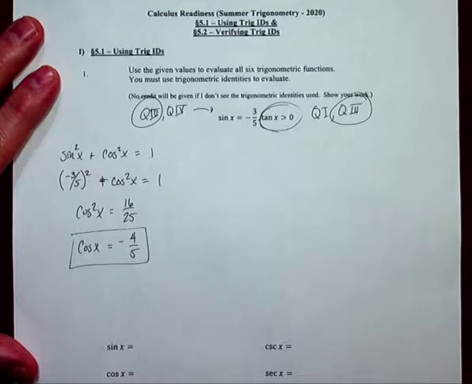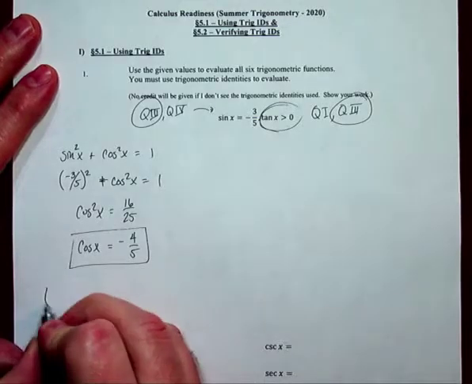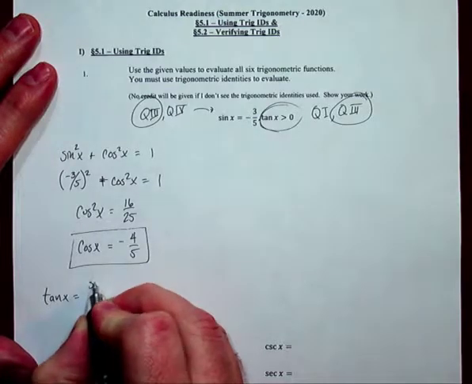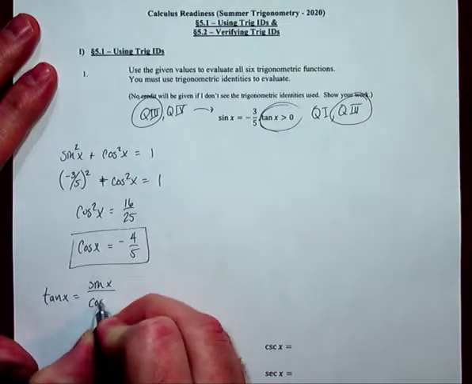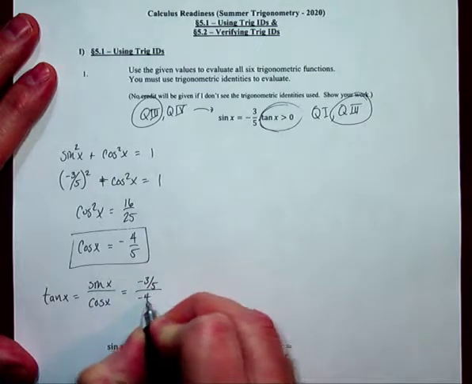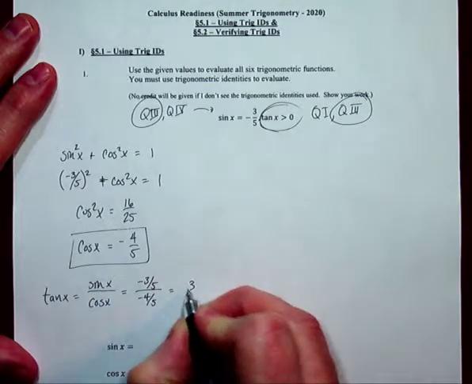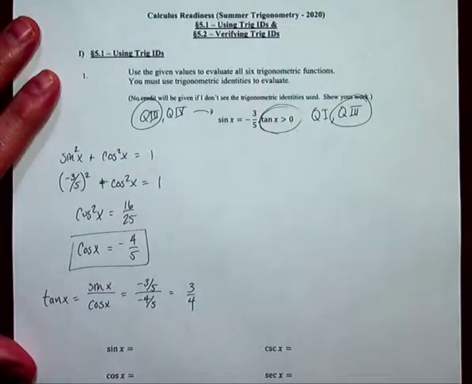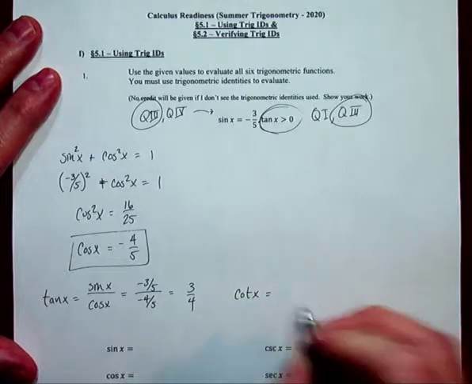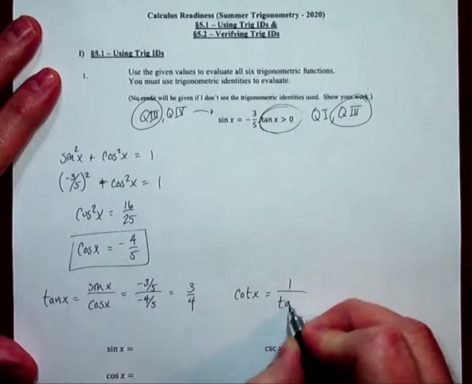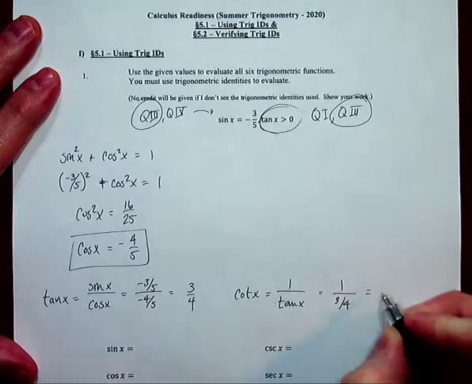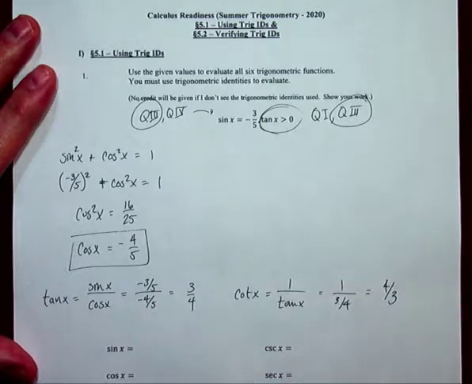Now that I have both sine and cosine, I can use the quotient identity for tangent. Tangent is sine over cosine, which in this case is -3/5 over -4/5, which gives me 3/4. Okay, and then of course cotangent x is equal to 1 over tangent x, which is 1 over 3/4, which is 4/3.